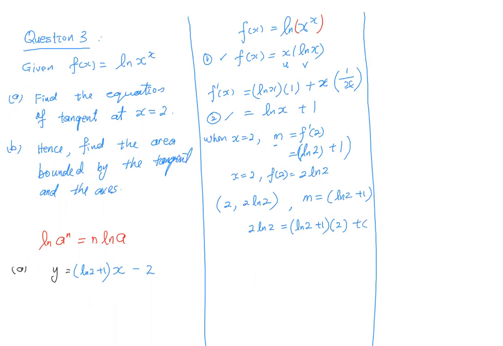So now you can expand that. You see, left hand side got 2 ln 2, right hand side got 2 ln 2. So you cancel off. So your c is minus 2. Therefore, the equation of tangent will be y equal to mx plus c. Done.